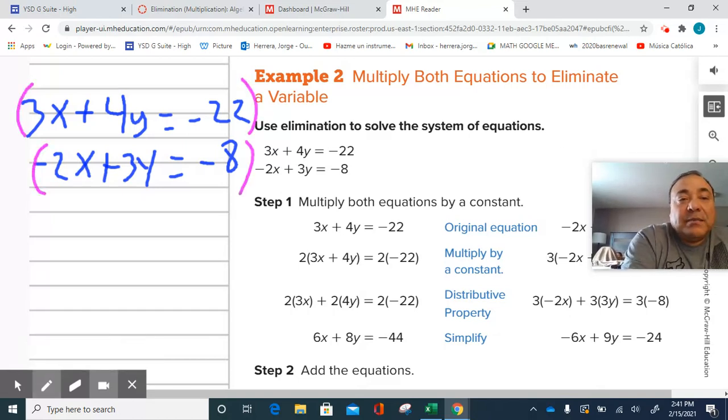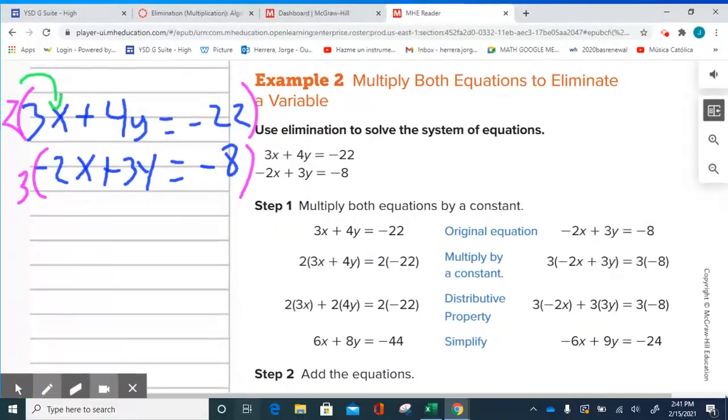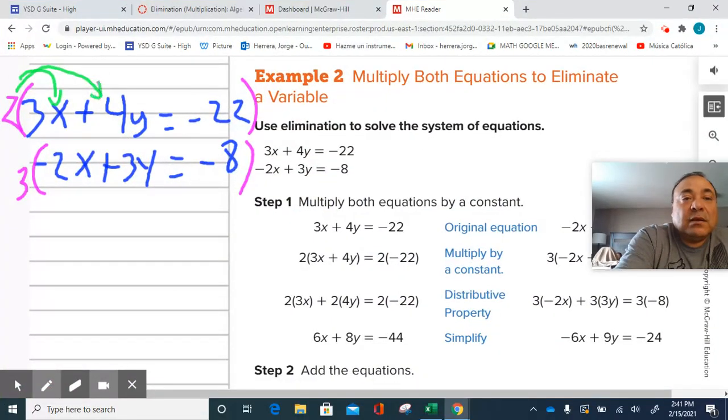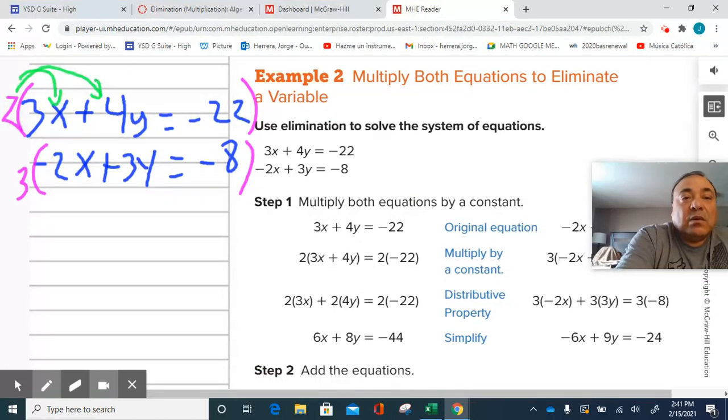And I'm going to put the 3 down here and the 2 up here, okay? Now, do not put a positive or negative because you already have one right there. That would change everything because you're going to multiply here, here, and all the way over here.